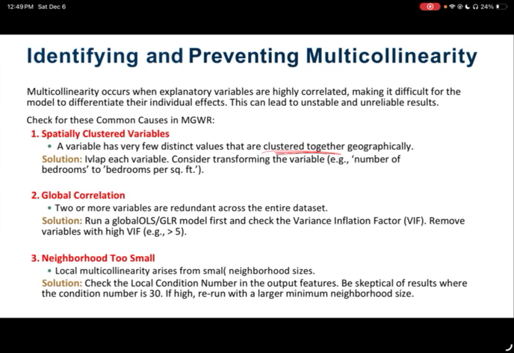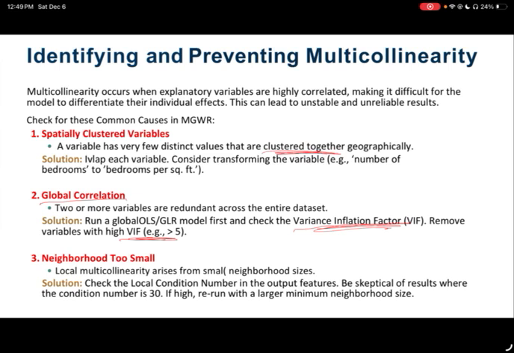And second, after we do the OLS model, we need to check the variance inflation factor, or VIF, and remove the variables with VIF more than 5. And also we need to avoid small neighborhoods, so we need to include at least hundreds or thousands of data.